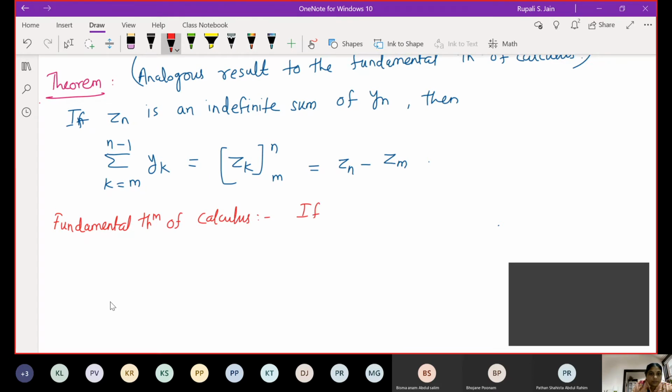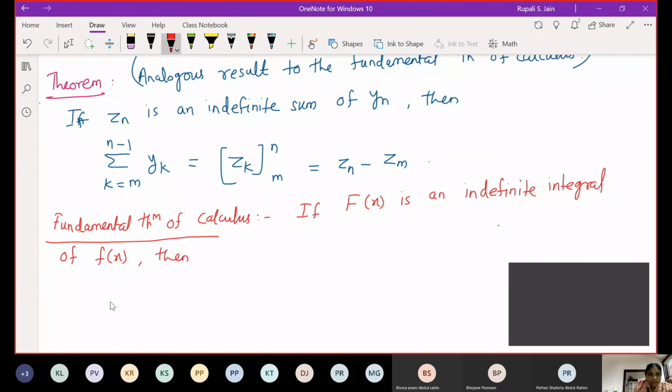If capital F of x is an indefinite integral of small f of x, then the integral from a to b of small f of x dx is nothing but capital F of b minus F of a. Is that okay?